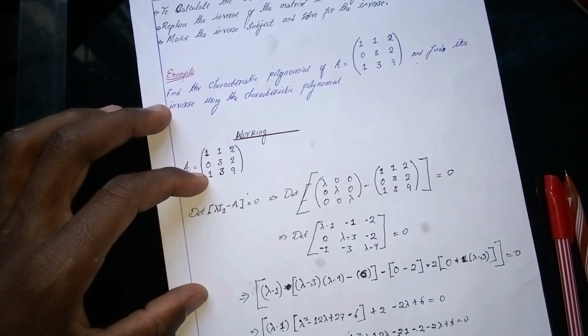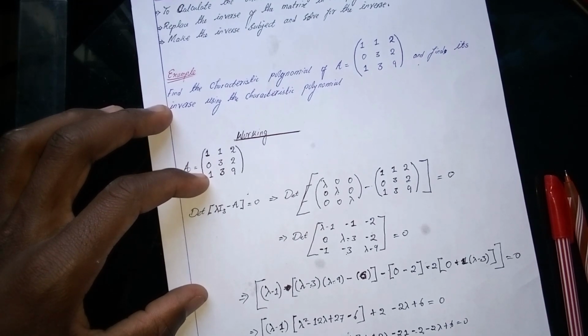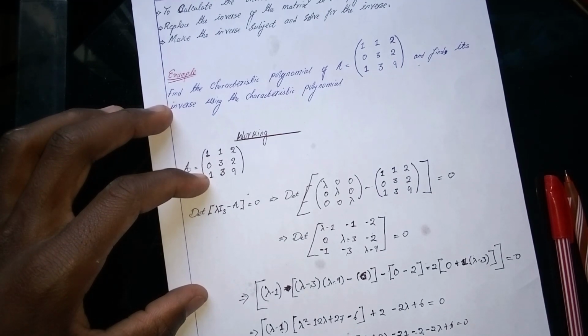So our polynomial P of lambda is given by lambda cubed minus 13 lambda squared plus 31 lambda minus 17.